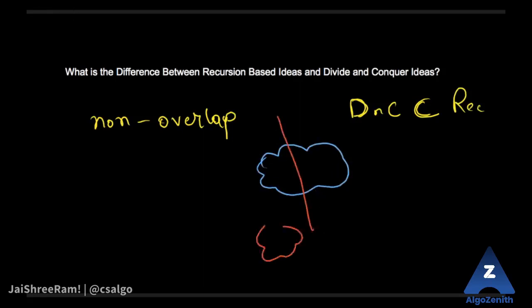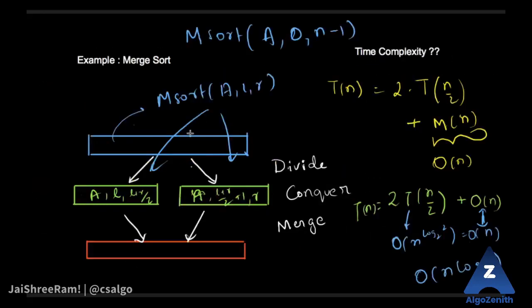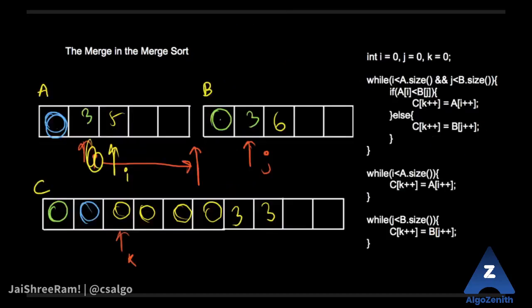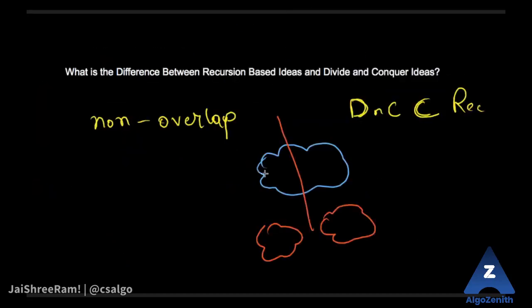Remember in the merge sort, this array got split into two parts, and none of the elements in these two parts were common, right? So these two problems are completely non-overlapping, like there is no common element between them. These two subproblems are completely disjoint.